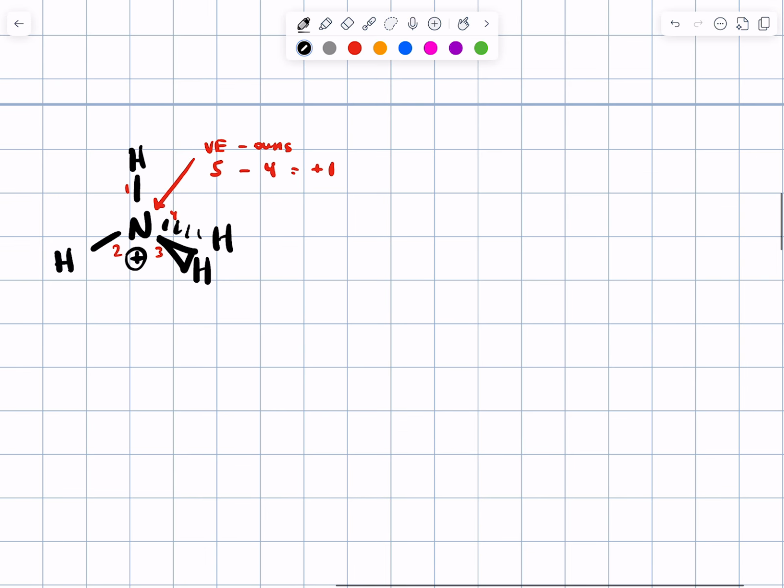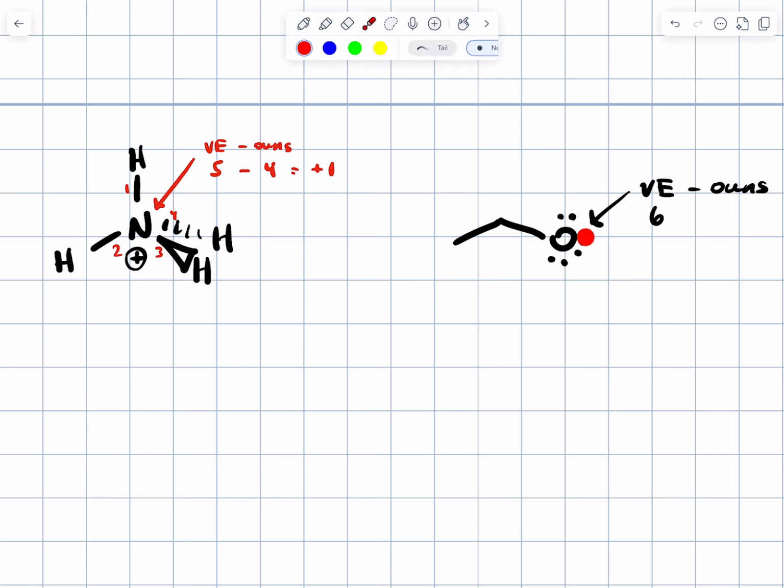Let's do some others. Let's do this molecule. And I will draw in the lone pairs for you. Tell me what the formal charge is on that oxygen. Valence electrons, oxygen normally has 6. It currently owns, 2, 4, 6, and then half of the electrons in its bonds, 7.